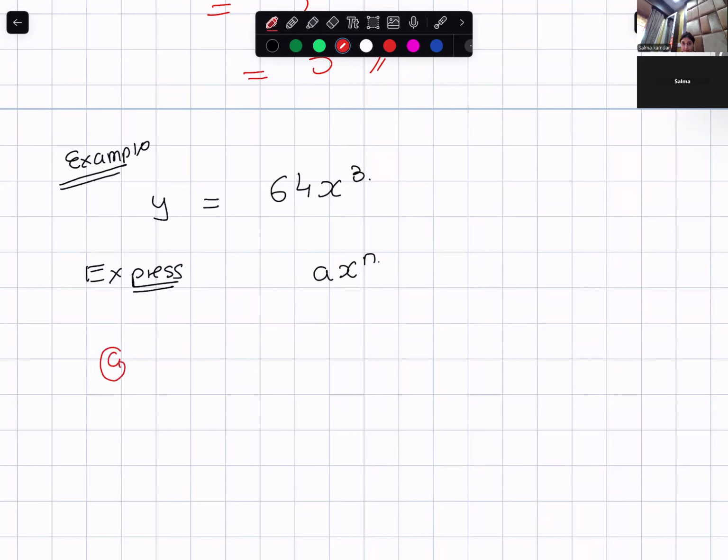A part: y is equal to y raised to 2 by 3, and your b part is y raised to 2 by 3 into y squared. Please try to do it.